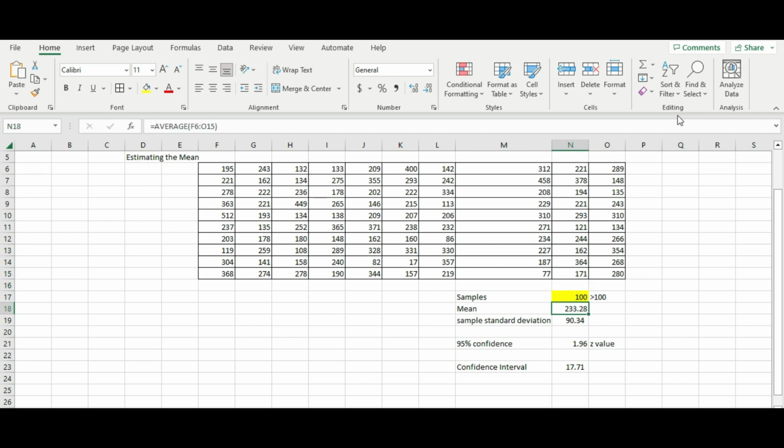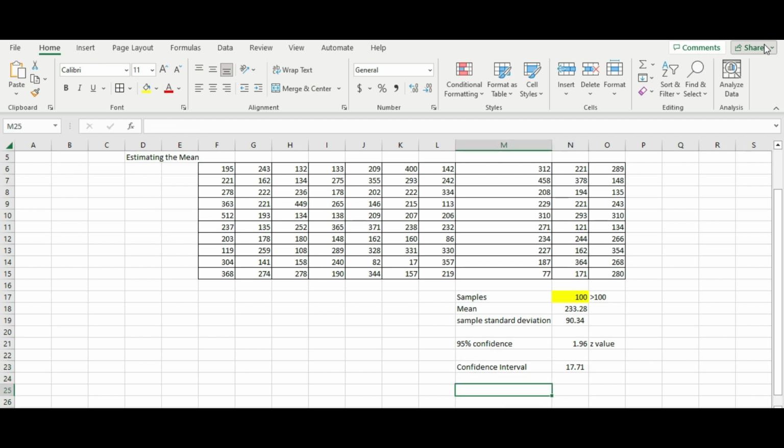So the average money the people have, the mean, is 233.28, and the margin of error is 7.71.